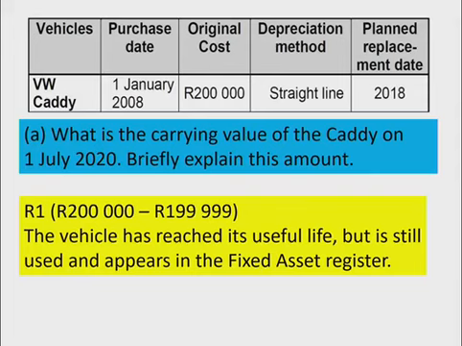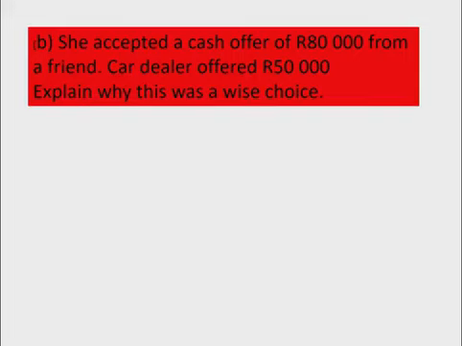Okay, and that will probably lead us to the next question, where it says that a car dealer has offered her 50,000, but a friend has offered her 80,000. Now, obviously, she will accept the 80,000. Now the question is, explain why this was a wise choice.